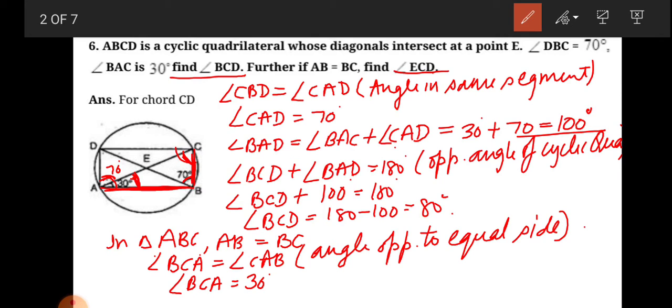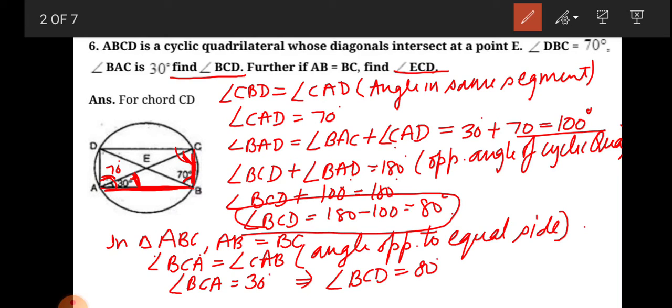Now to find the value of angle ECD, angle BCD is equal to 80 degrees, which we have found, and angle BCD is equal to angle BCA plus angle ECD, which is 80 degrees.